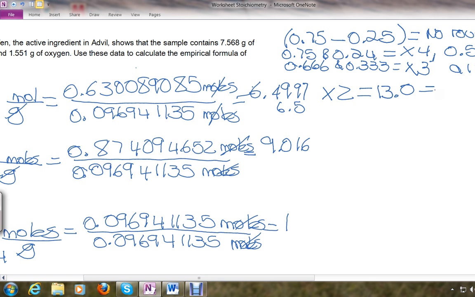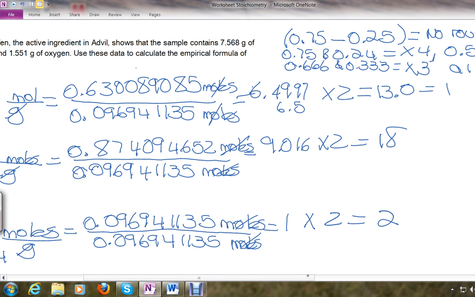Then we have to multiply all of them by 2, which gives us 18, and if you multiply by 2, this gives you 2.